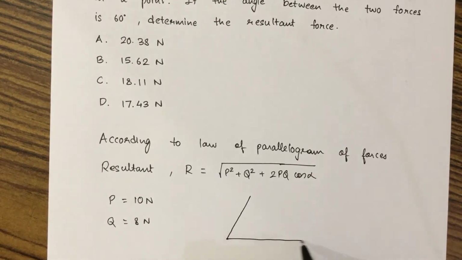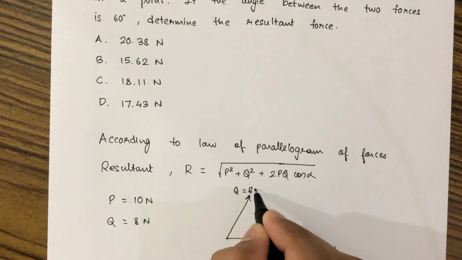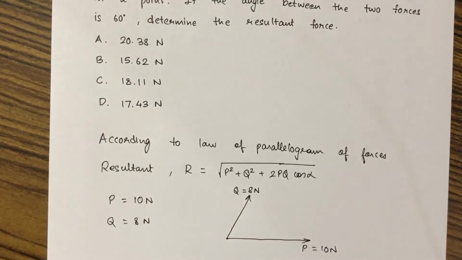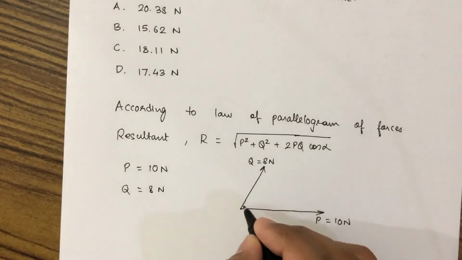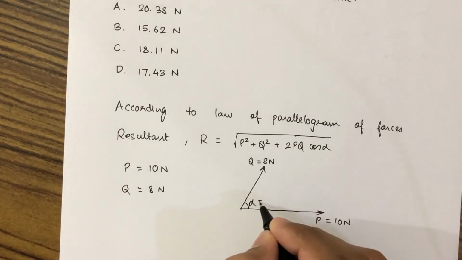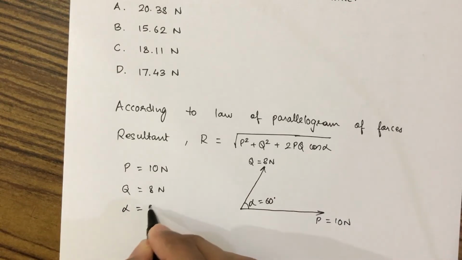If the angle between the two forces is 60 degree, means here this angle alpha is given as 60 degree.